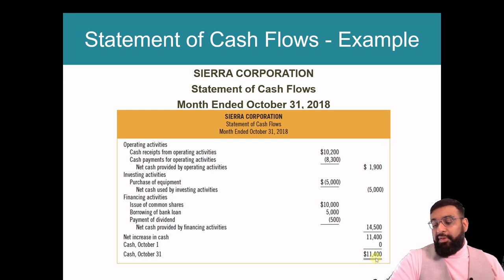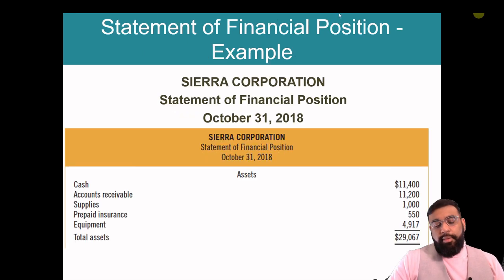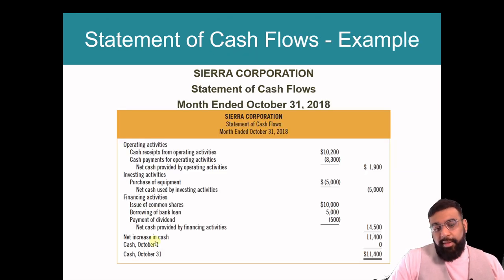As you can see in our balance sheet, the balance of cash at October 31st is 11,400. So the statement of cash flows is pretty much taking the beginning cash balance, which is 0, because this is the first year of operations for our business, and reconciling it to the ending balance. So we have a beginning cash balance of 0, an ending cash balance of 11,400, and an increase of 11,400.